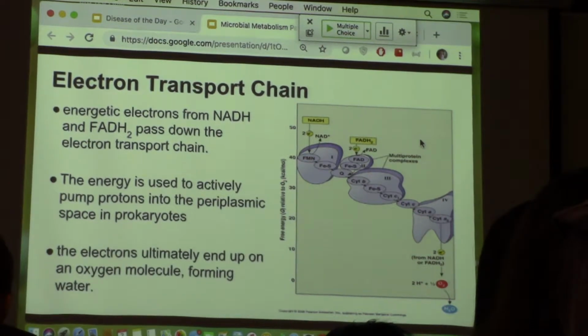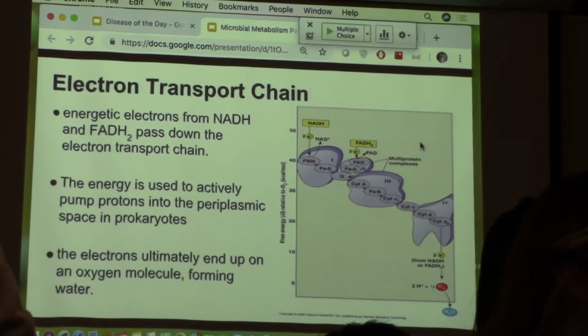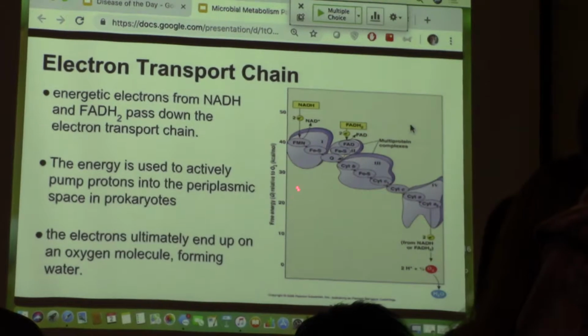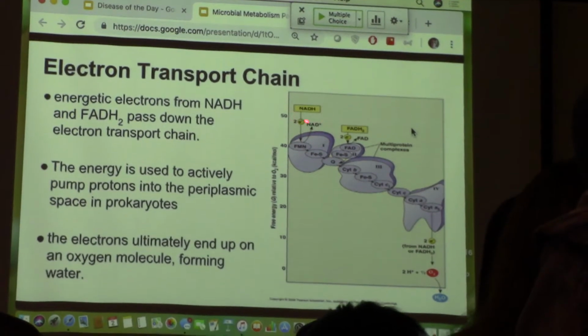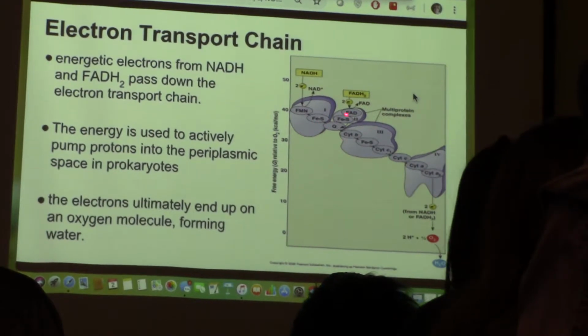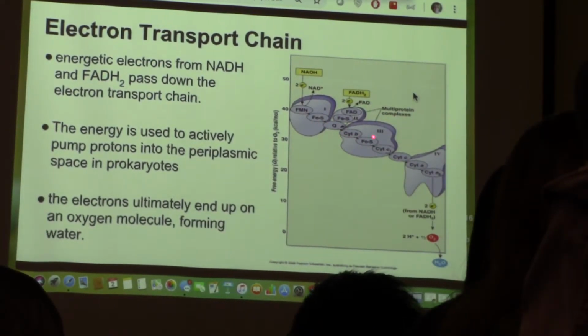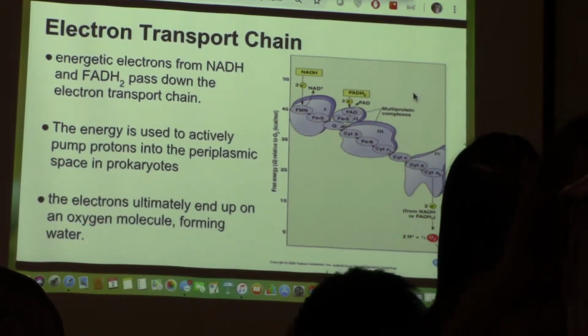So we talk about oxygen in the electron transport chain being the ultimate electron acceptor. Each one of these molecules accepts the electrons, and then it shuttles them to another molecule which accepts the electrons. Then it shuttles them to another molecule which accepts them. But at some point they actually end up on their final electron acceptor, right?